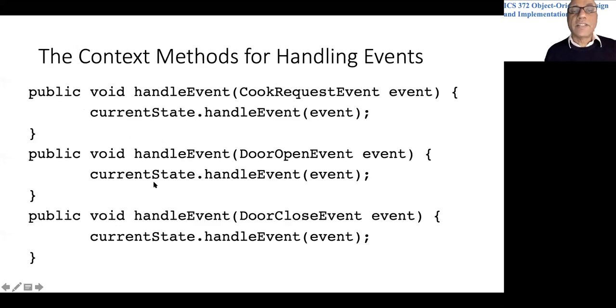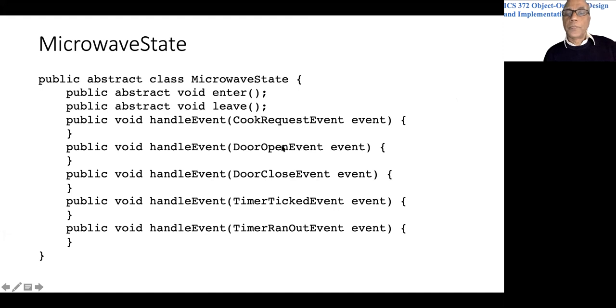And here are some examples of methods for handling events in the context. When the cook request event is received, this method gets called, and it calls the current state's handle event for this event. So it will go to this method.